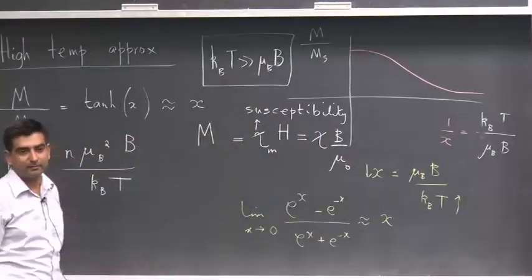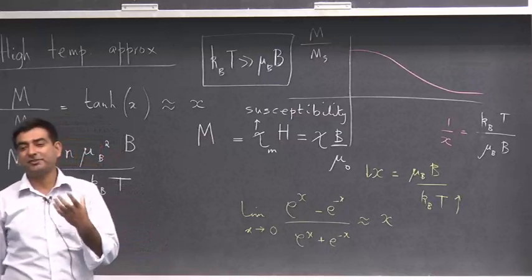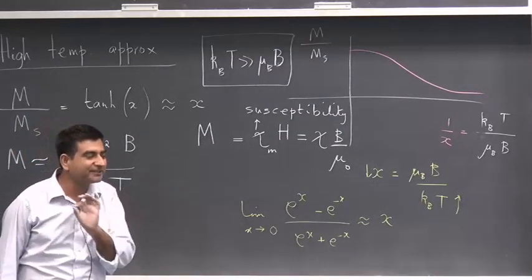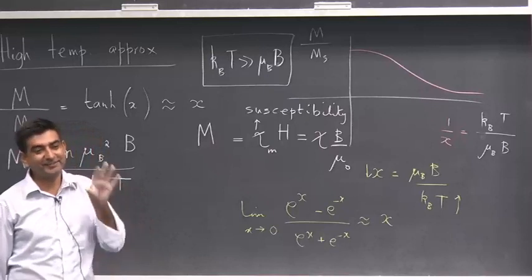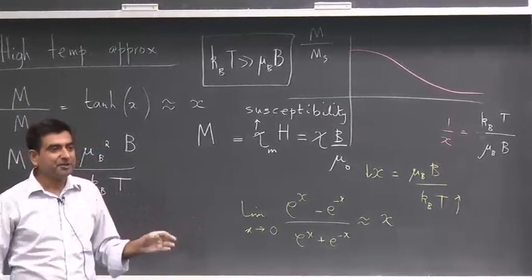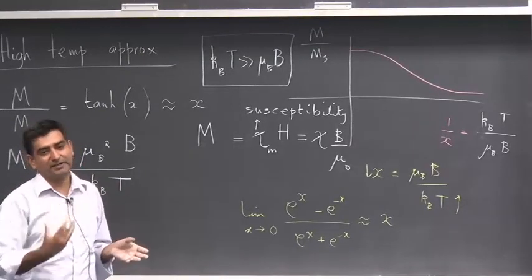For a paramagnetic material, in the common sense usage of the word magnetism, a paramagnetic material is non-magnetic. That's the common sense parlance. In common day language, a magnetic material is just a ferromagnetic material or a ferrimagnetic material.